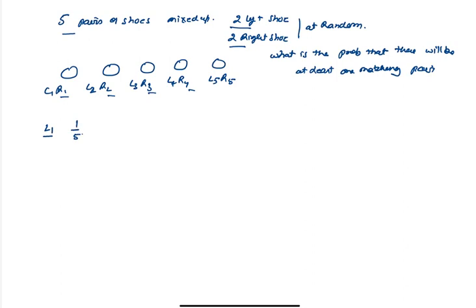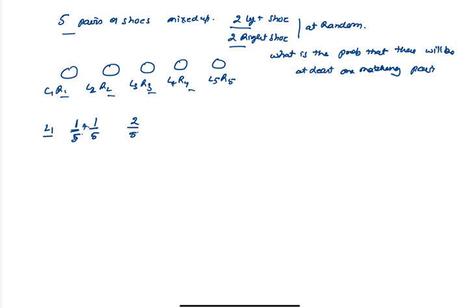But we have two opportunities of doing it. The second right shoe we pick, since we have two right shoes, the first one will be 1 out of 5 and the second one would be 1 out of 5. So the probability will add, so they will become 2 out of 5.